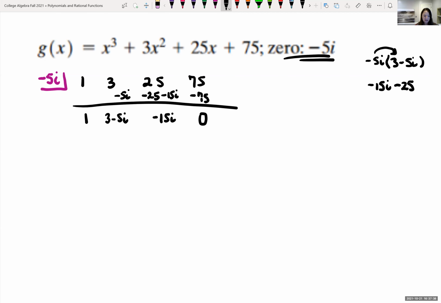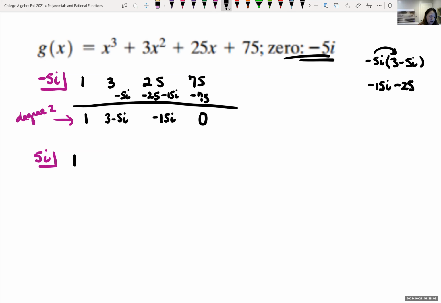We have that complex conjugate pair theorem that says if negative 5i, or a complex number, is a zero, then the conjugate is also a zero. So positive 5i must also be a zero. This right here has degree 2. I'm not going to write it out, but I'm going to use that bottom row right here.